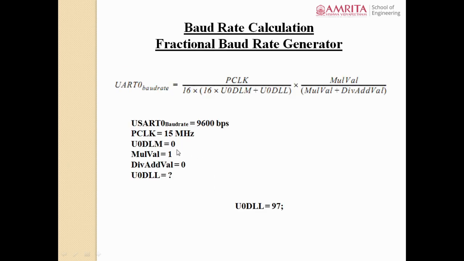But in our case, our peripheral clock is 15 MHz, so I don't need to configure U0 DLM. Why don't I need to configure DLM? Because the U0 DLL value is 97, which fits within 8 bits. So you are only configuring U0 DLL as 97.